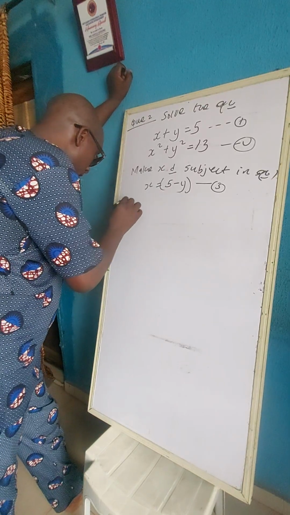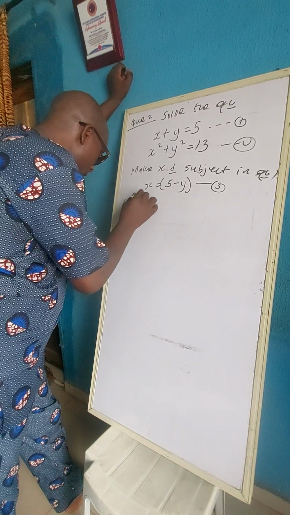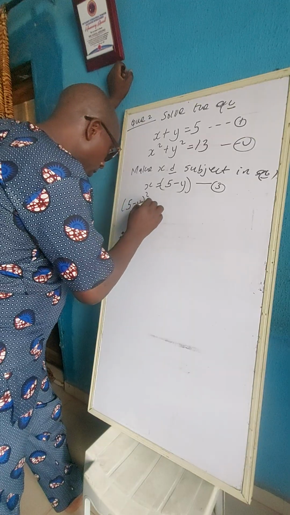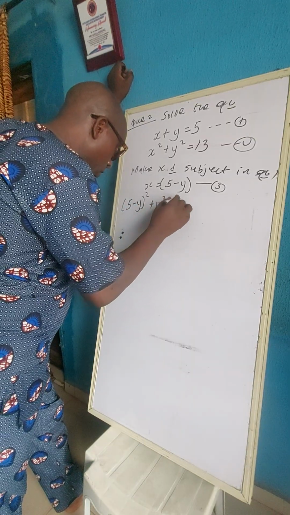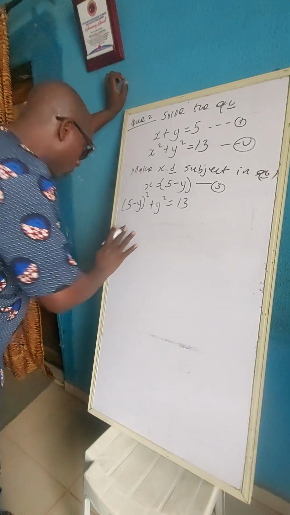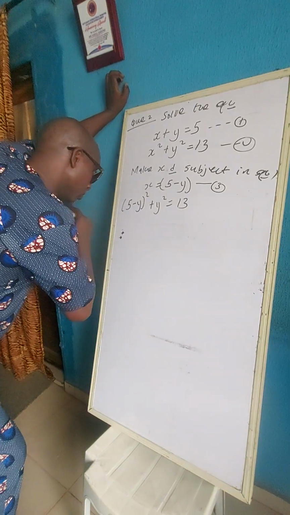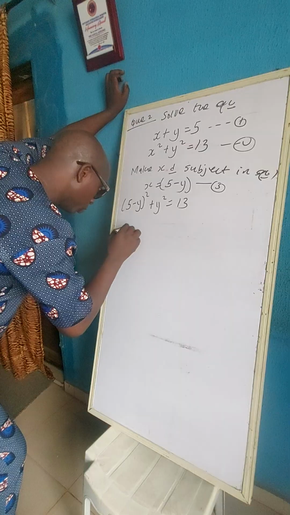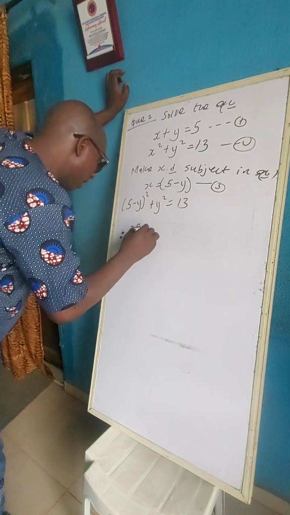It means (5 minus y) all squared plus y squared equal to 13. Expand that one.